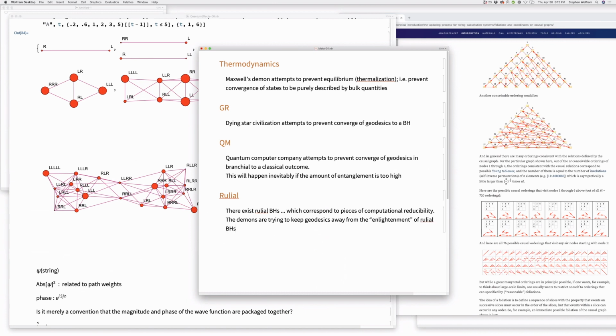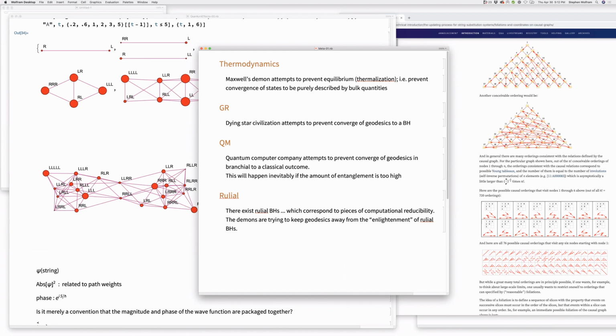Or more particularly, as soon as you're in a Rullial black hole, you're essentially able to jump ahead, and that represents a piece of understanding of the world, so to speak, that is not irreducible. Right.